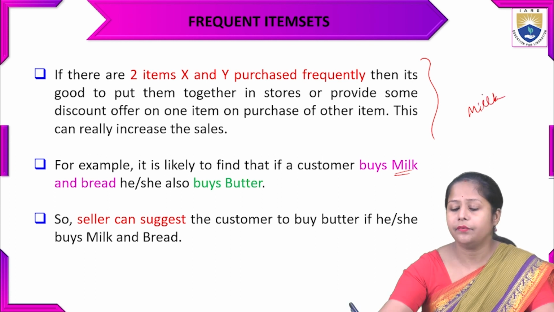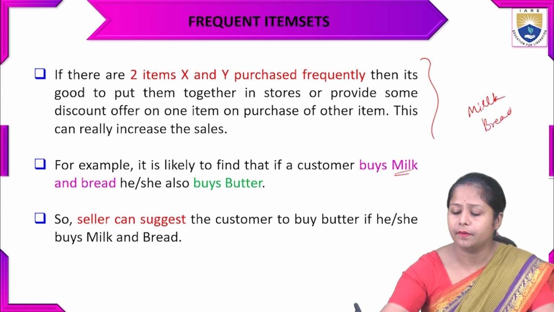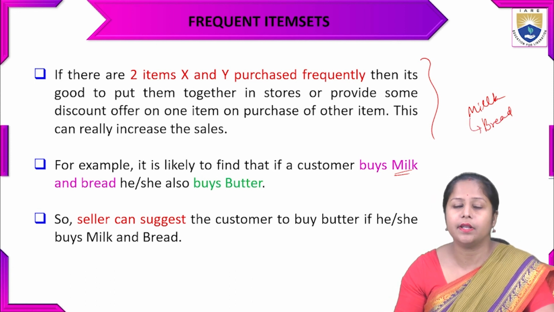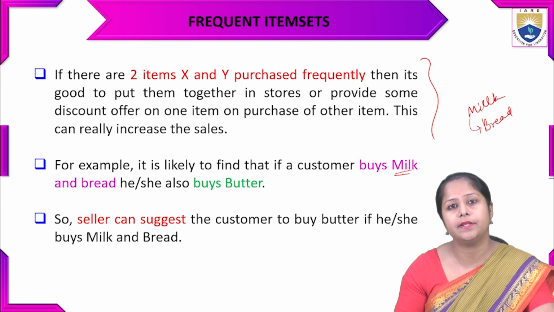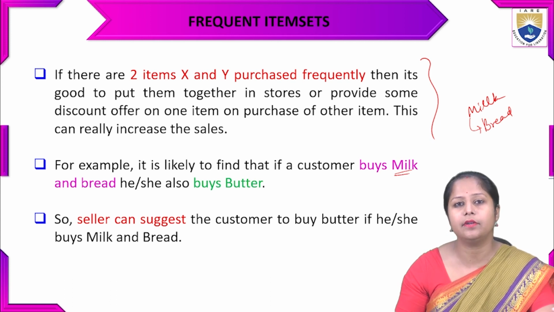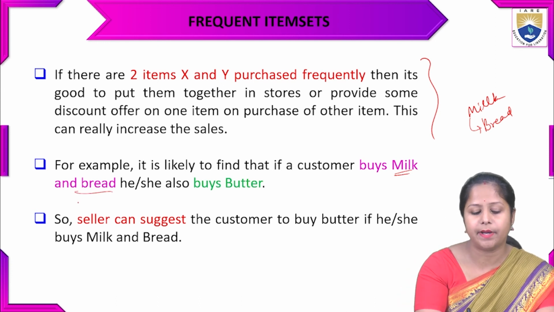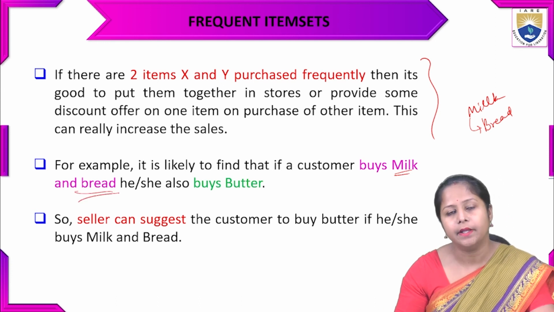If the bread is kept together with the milk, and there is some discount if he or she purchases the milk, he will get a discount of that amount. If he purchases the butter, surely he'll think about purchasing the bread all together with the milk.